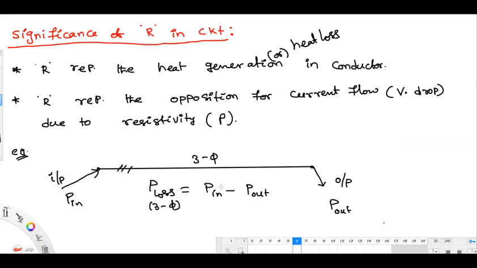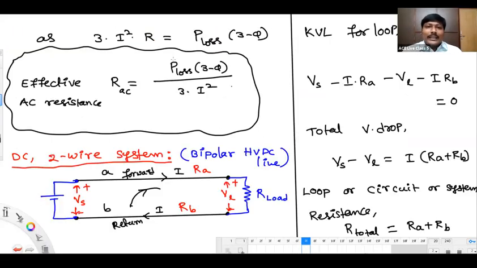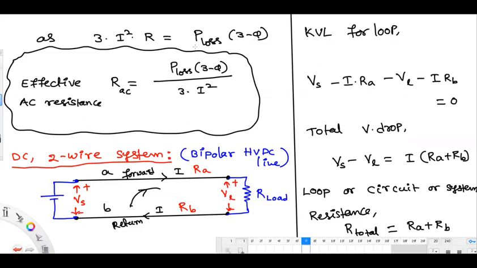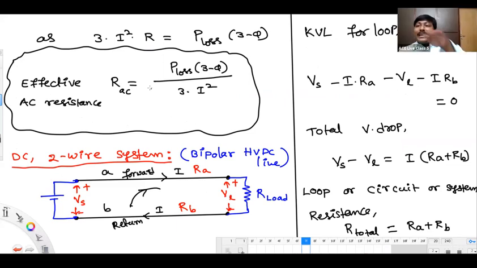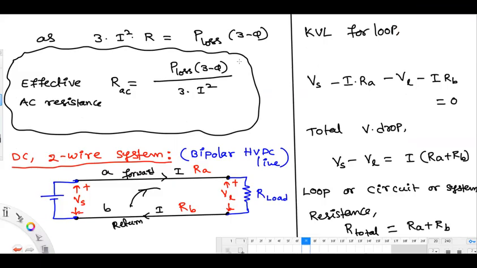We represent that in the form of a series element by equating that loss value to the equation from circuit analysis. Who is giving this power loss? The practical experiment. By relating these two, we get the resistance to be kept in the circuit. Understood. Thank you, sir.